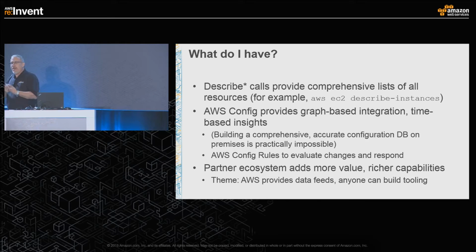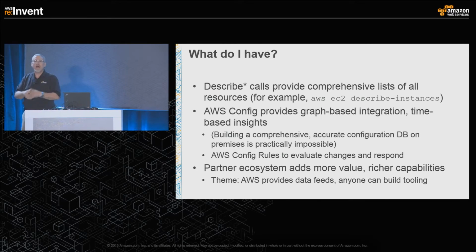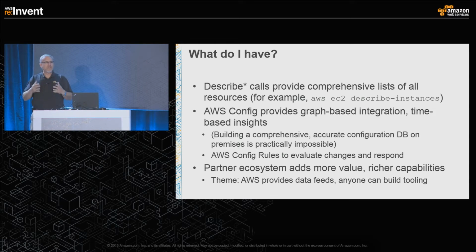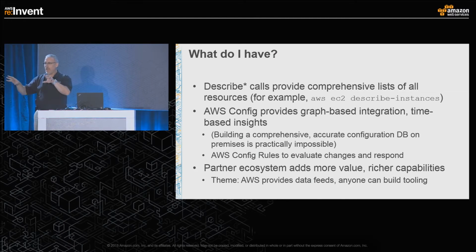Not just what you have at any given snapshot moment in time, but with the Config service, a historical record of what you have. Think of the Config service as a graph database which connects objects to one another so you can traverse from an instance to a security group to a rule to an elastic IP and back.